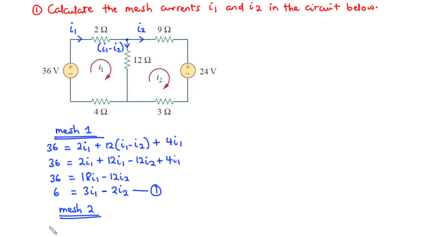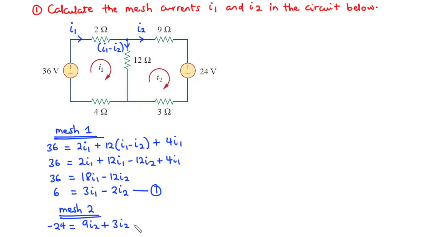So we are going to have negative 24, and that will be equal to, moving in the clockwise direction, we have 9I2 plus 3I2, and then since we are moving in the clockwise direction, that is going to oppose the flow of this current.